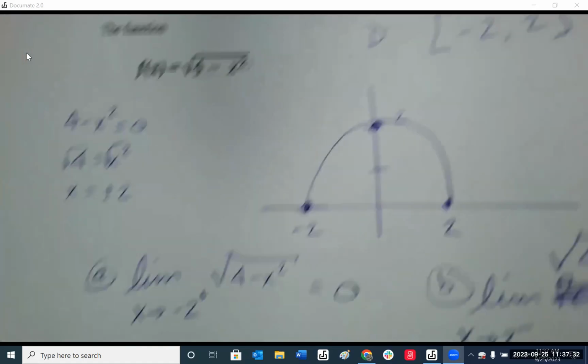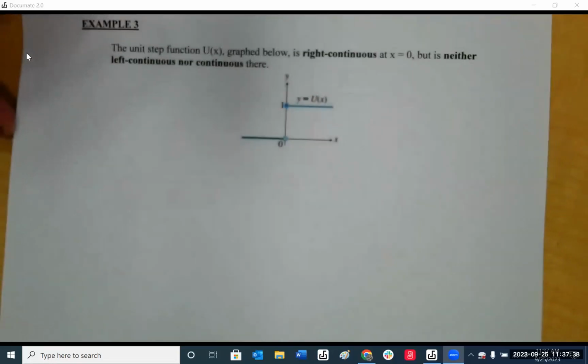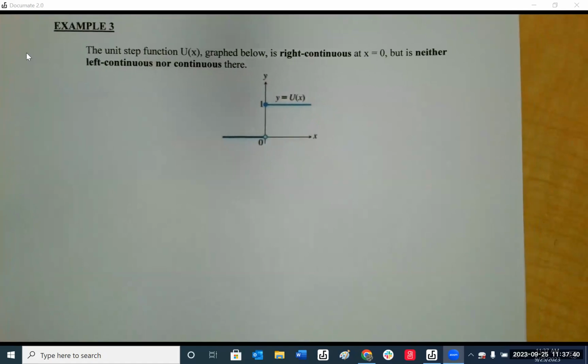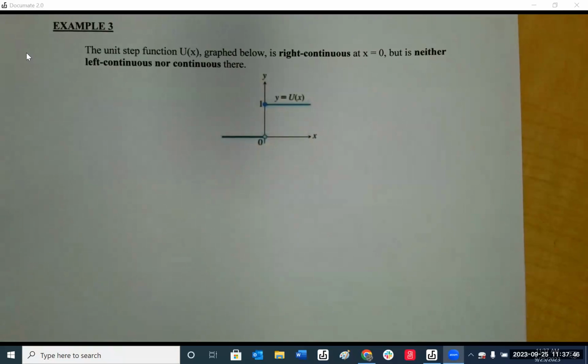Now let's look at example 3. Use the step function u of x, graphed below. Show that it is right continuous at 0, but neither left continuous nor continuous. Prove it.